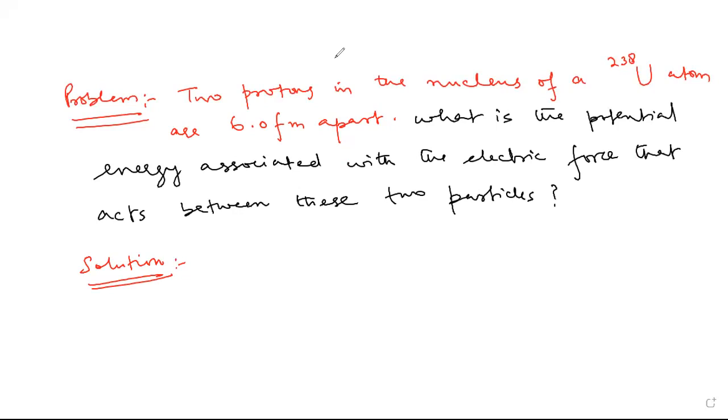You know, 1 Fermi distance is 10 raised power minus 15 meter. Now we have to calculate the potential energy associated with the electric force between two protons in the nucleus of U-238 atom, which are this much distance apart.